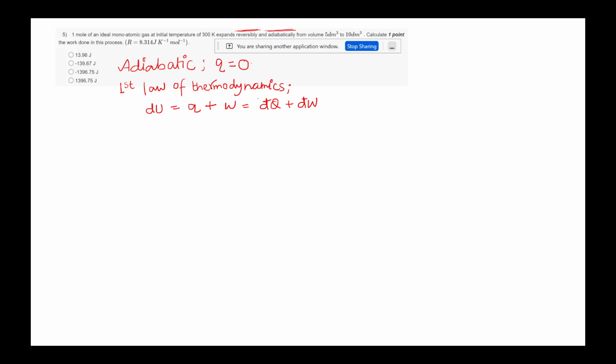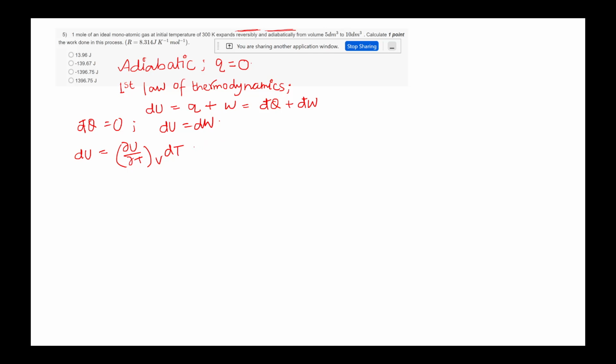So if you have dQ equal to 0 for an adiabatic process, then dU is equal to dW, and dU, as you know, you can expand like this: (del U / del T) at constant V into dT.